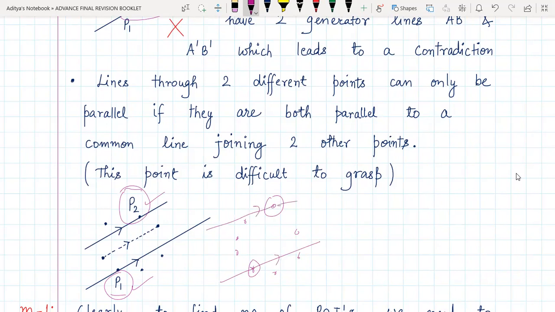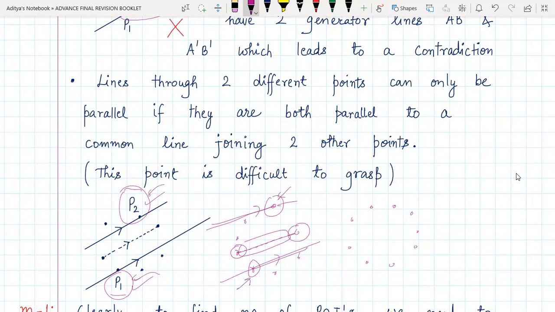Of course, there can always be a parallel line which acts as the generator line for both of them, basically two different points generating a line parallel to which we are drawing this line and this line. So no problem there. But what we are saying is that this can be the only case. The generator line cannot pass through one of these 2 points, P1 or P2 here, right?